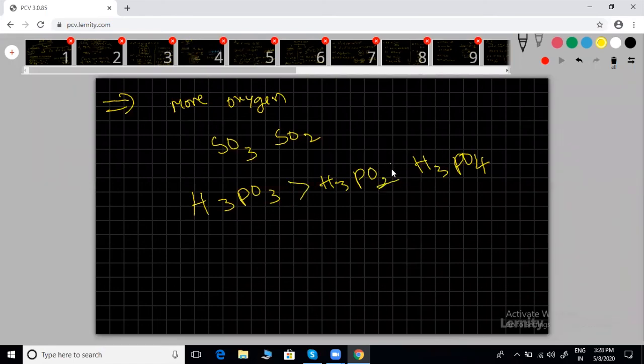Is it correct or not? You can check one more time from your class notes. Acidic character. Yeah, this is the correct answer only. Acidic character, keep in mind. So exceptionally, this is the correct order.